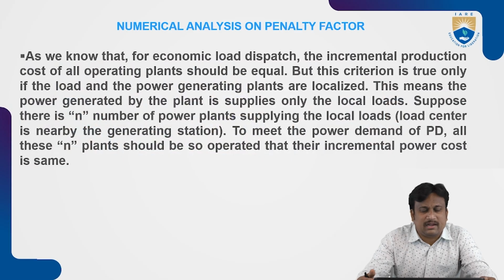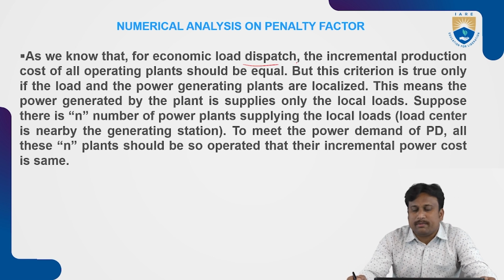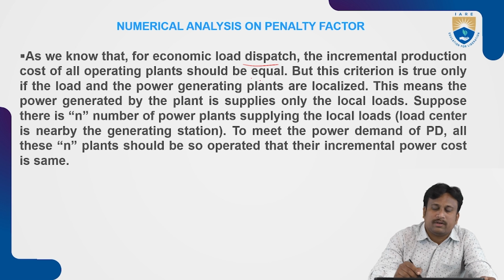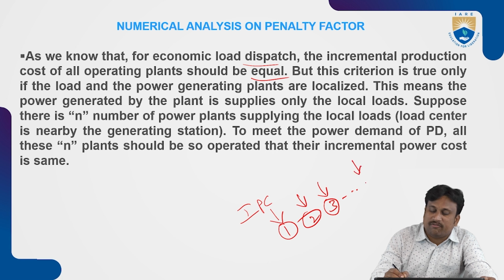Coming to penalty factor, as we know, for economic load dispatch, the incremental production cost of all operating plants should be equal. Here the incremental production cost plays a key role. This is the same for all operating plants: plant 1, plant 2, plant 3, and so on, for n number of plants.